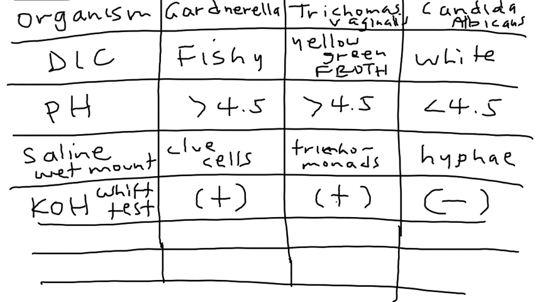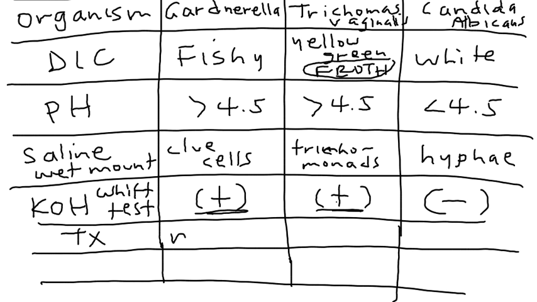They'll say fishy, and then they'll say the KOH whiff test is positive. But if it's positive, which one is it? Is it Gardnerella or Trichomonas? Well, don't get confused, because it could be positive in both, but there will be something in the question stem that will allow you to differentiate. For example, if they say frothy, it's always Trichomonas. I saw a licensing exam question that said fishy and frothy. One of those, Trichomonas, was the answer.